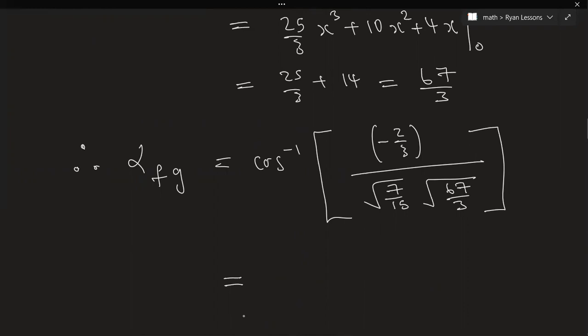I got minus 0.2065. Mine is 0.2065 as well. So it's in radians, I guess. Yes. And for me, it's 102 degrees.